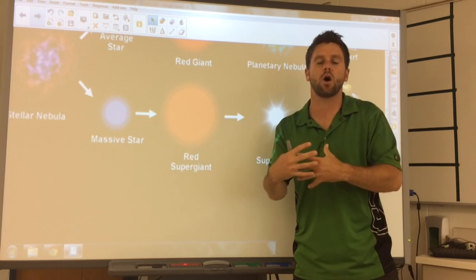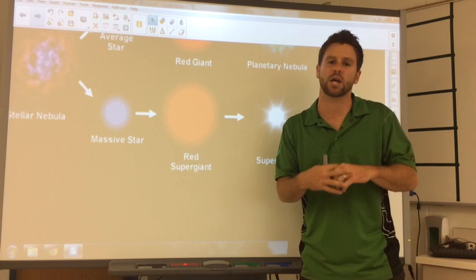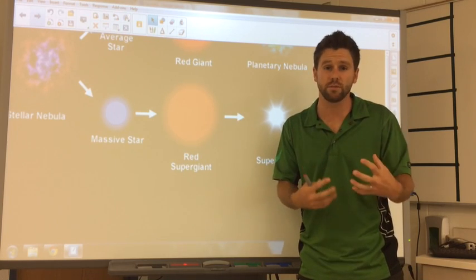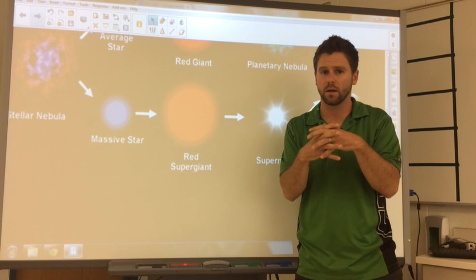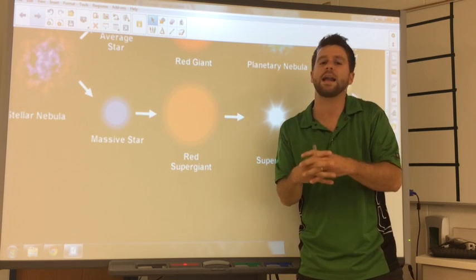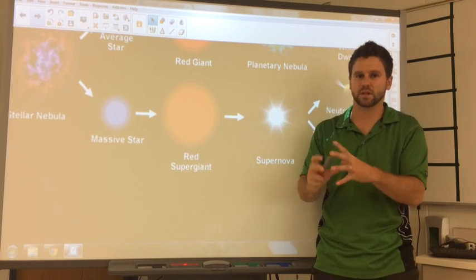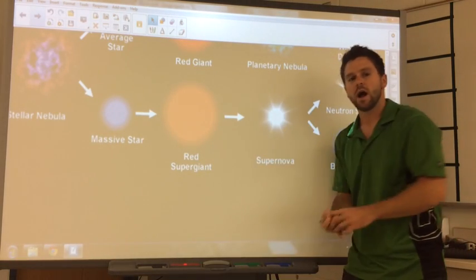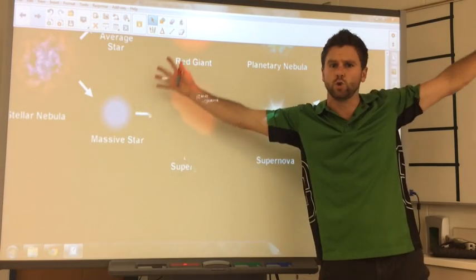Once that core becomes all iron, iron cannot fuse together anymore. It takes way too much energy to do that, and it's an extremely stable element, so it doesn't want to fuse anymore. So that core is kind of stuck. It's all ran out of energy. So now it starts to collapse on itself again. Collapse, collapse, collapse, until enough gravitational collapse happens and we have a boom!